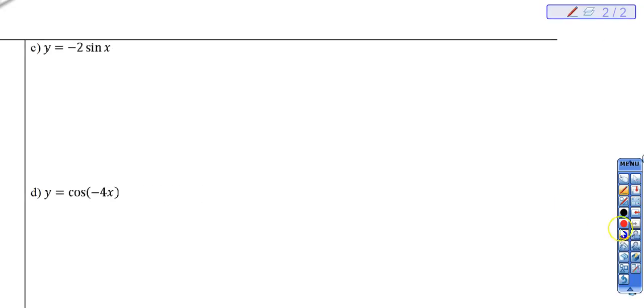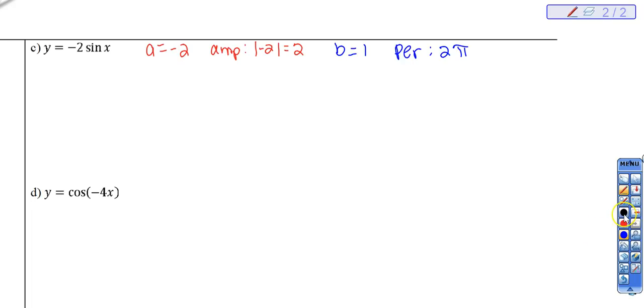Okay, so we're going to move a little faster now that we've discussed this a bit. Let's identify our A. It's -2. So our amplitude is the absolute value of -2, which is 2. So instead of our sine function topping out at 1 and bottoming out at -1, we're going to stretch it to 2. And then our B term is 1. And so our period is 2 pi, right? Unchanged.